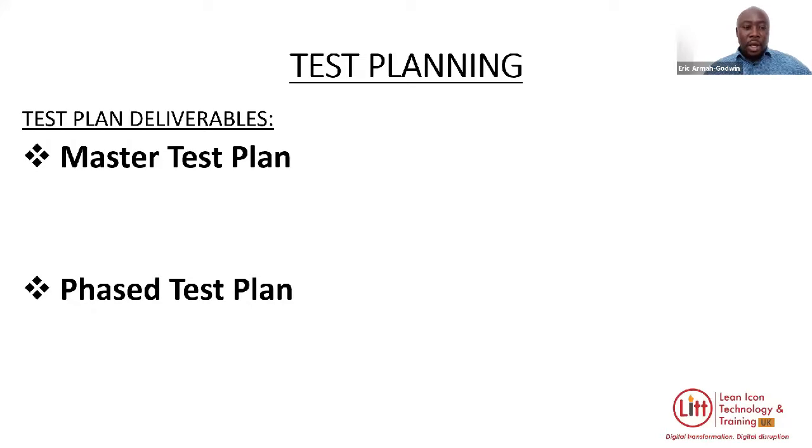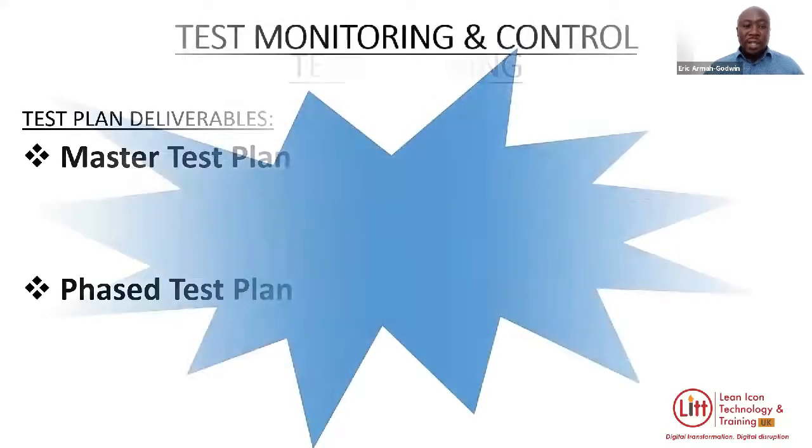But then within, let's just say sprints, when you're working on small projects or at lower level, we have the phased test plan as well. This typically addresses test phases. Let's just say if you're working within a sprint, each sprint you want to produce a phased test plan. Okay, so that's it for test planning.